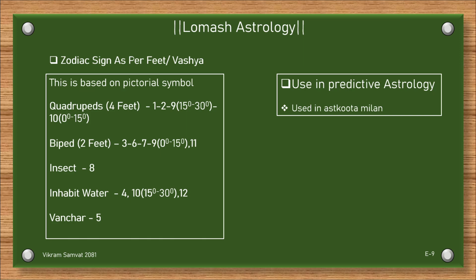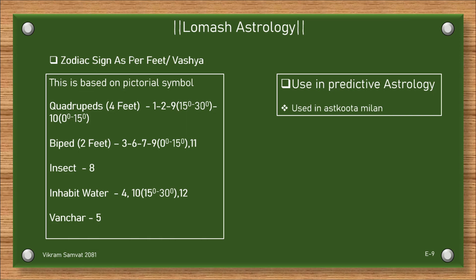If the boy's moon sign and the girl's moon sign both have the same kind of classification, for example, if the boy has Leo as moon sign and the girl has Leo as moon sign, which means both are the same, then 2 points will be given.